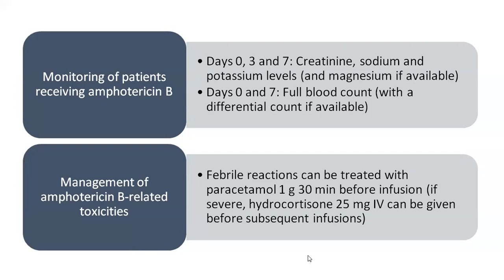So, monitoring patients receiving amphotericin B: on days 0, 3 and 7, check creatinine, sodium and potassium levels. On days 0 and 7, a full blood count with differential count should be checked. Management of amphotericin B related toxicities: febrile reactions can be treated with paracetamol, and hydrocortisone can be given in severe adverse anaphylactic reactions.